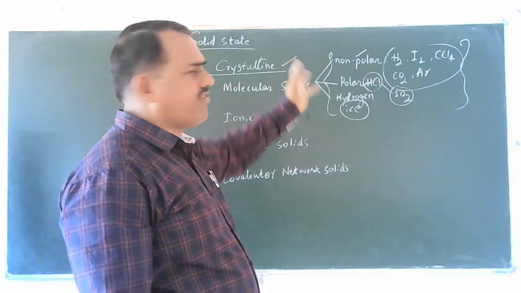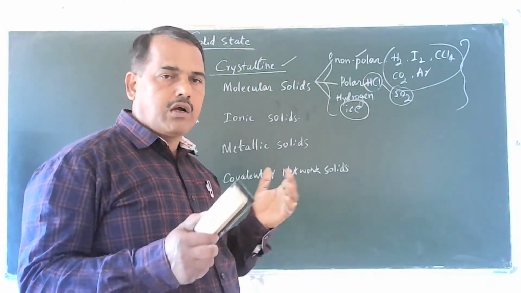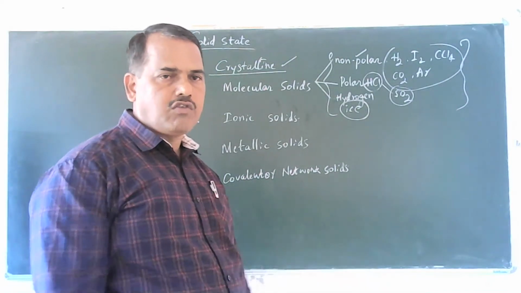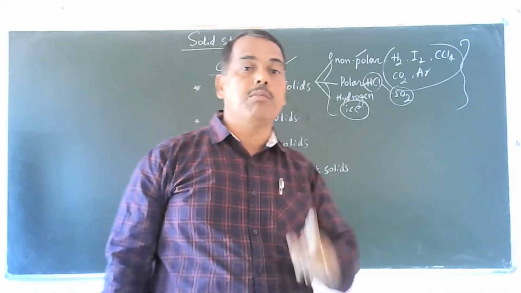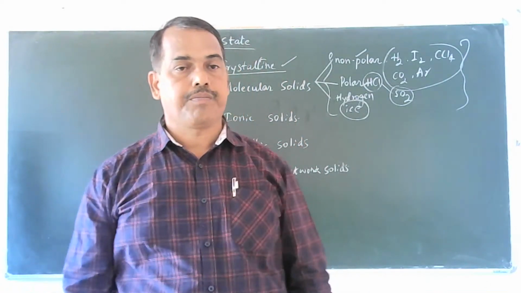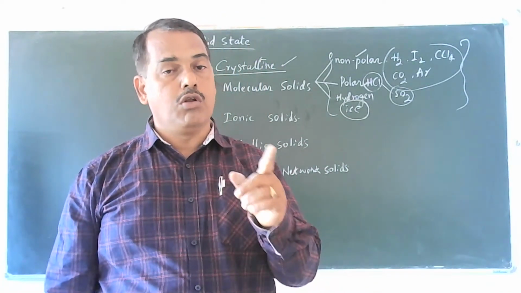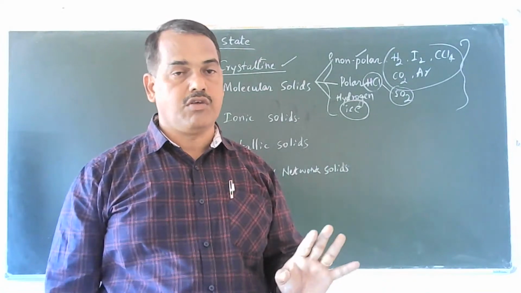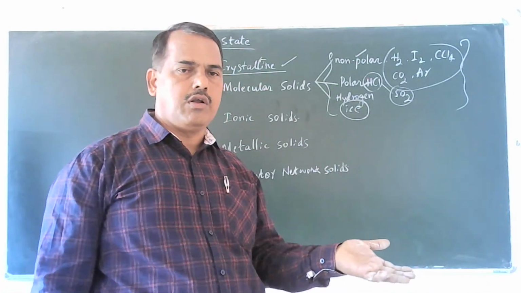They are not stable at room temperature; by varying the temperature and pressure, we can convert a gas into a solid, or a liquid into a solid. Therefore, all these are not stable at room temperature. Very important point to remember. Therefore they are also called soft solids.